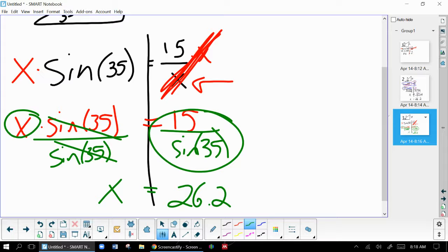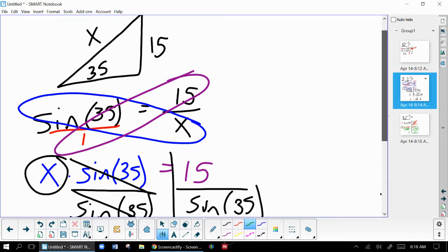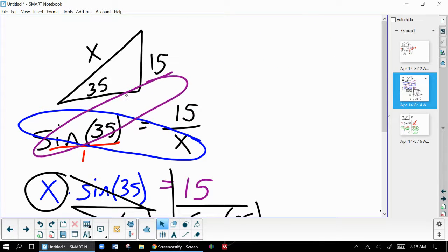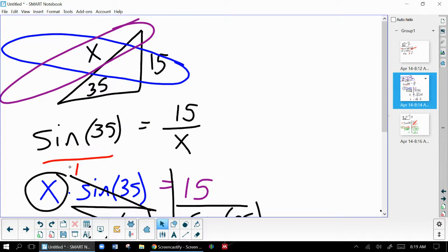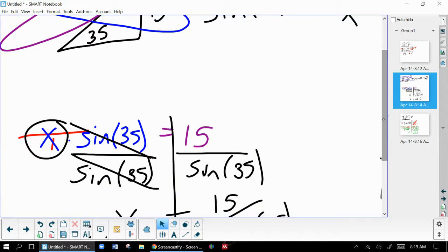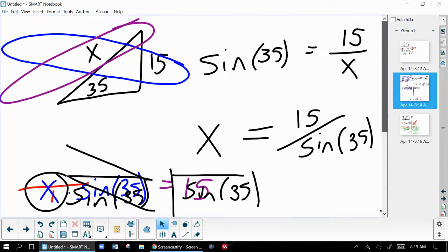But one thing that I do want to kind of show you here, maybe you'll notice this after a little while. If you look at this original equation, I'm just going to move these out of the way and grab my original equation here. There's my original equation. And here is what I typed in my calculator.